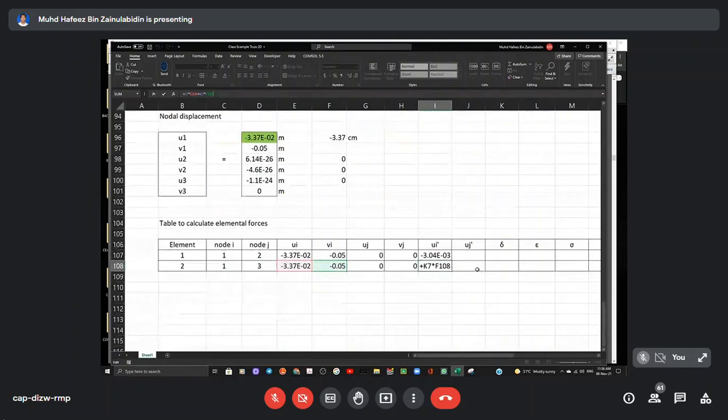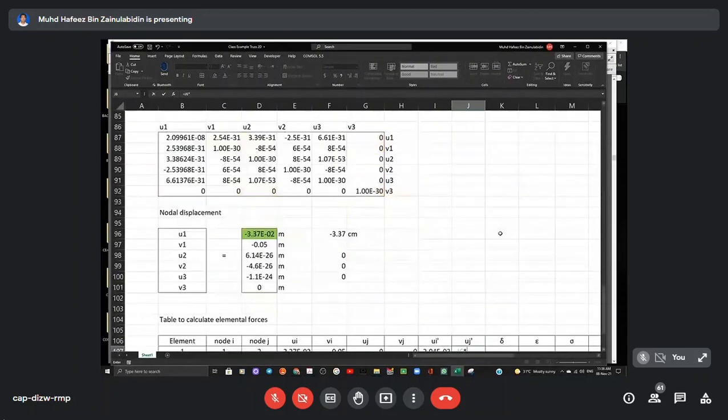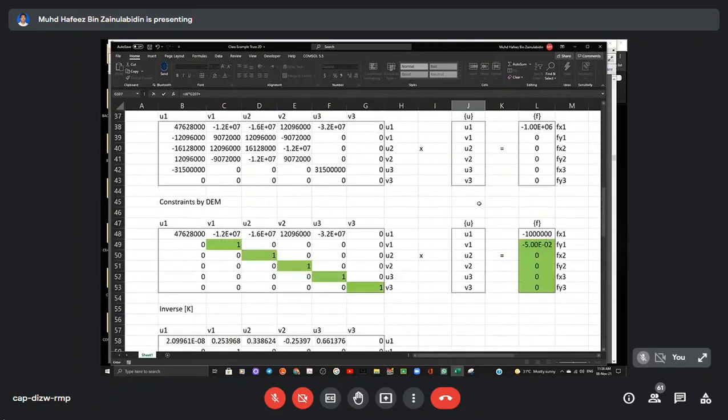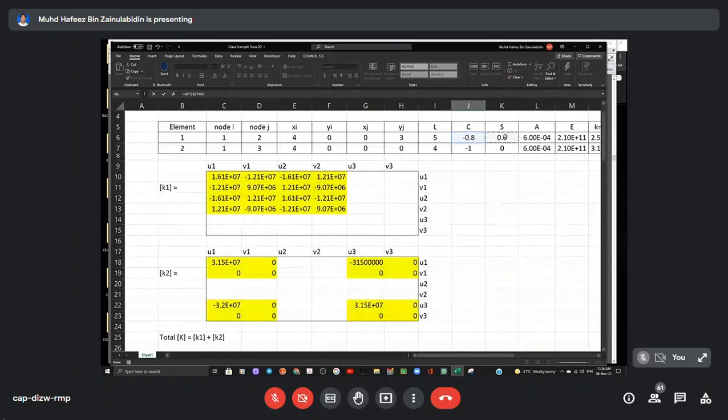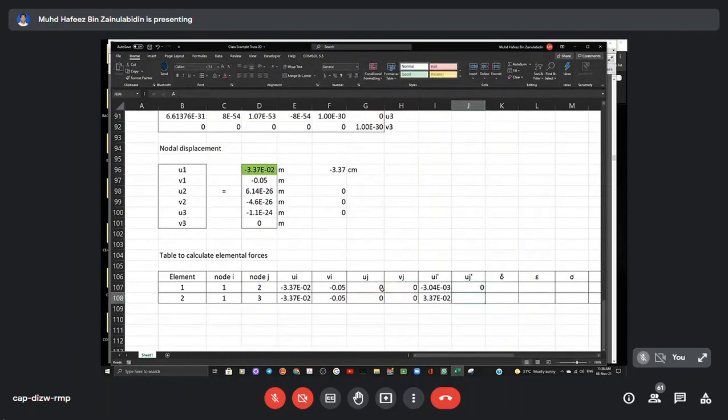We don't have to type the formula twice. Similarly here, UJ prime equals C for element 1 multiplied by UJ plus S times VJ. There. It's 0, and then you just drag down, 0 as well.